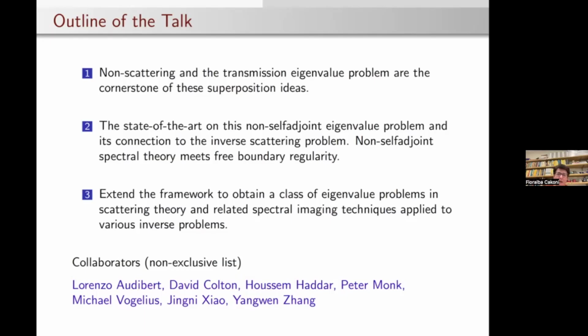And then I'll tell you how these eigenvalues can be measured from the scattering data, and extend this idea to bring in new eigenvalue problems and use the eigenvalues to solve the inverse scattering. This is a direction that has been developed for many years, so I'll present results from many people.